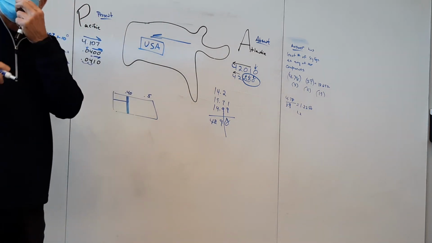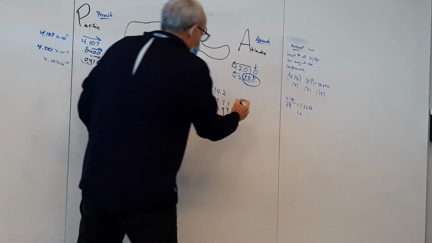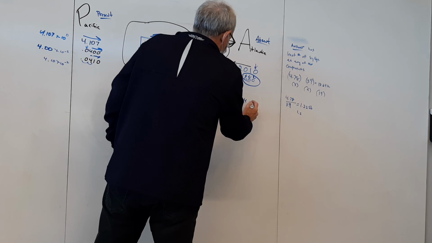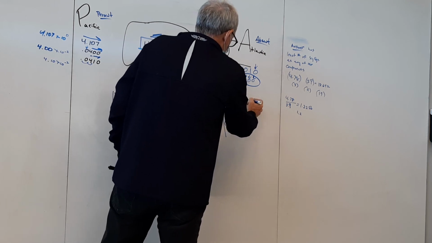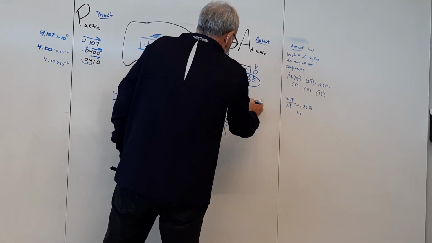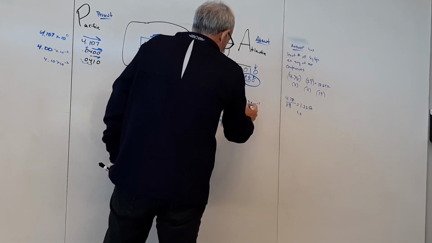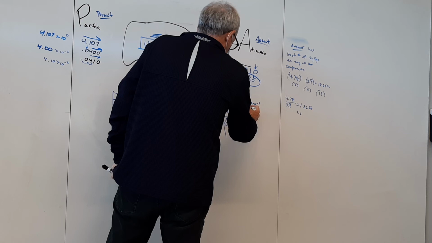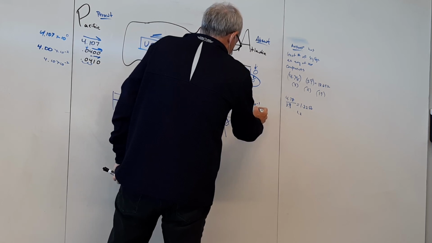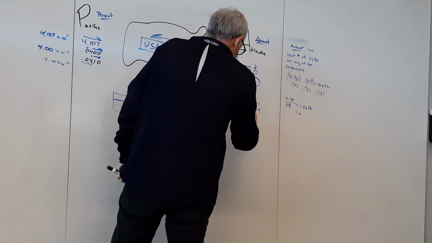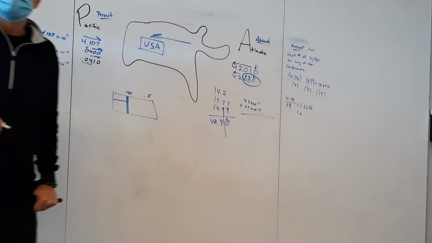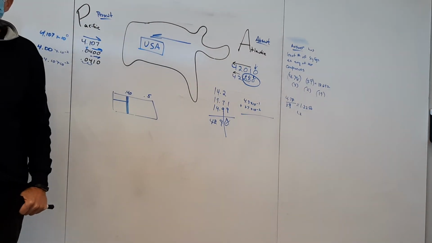How about if you're dealing with 4.3 times 10 to the minus 1 plus 3.7 times 10 to the minus 2? How would you do that?